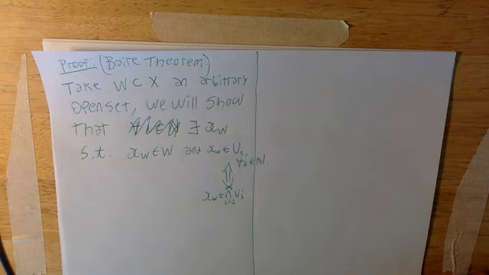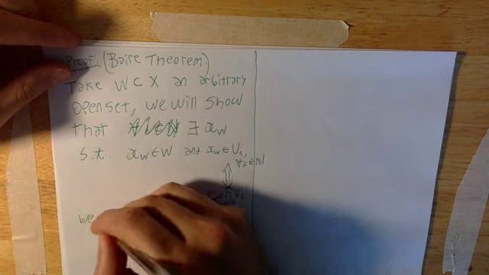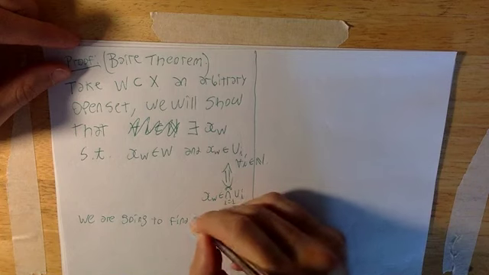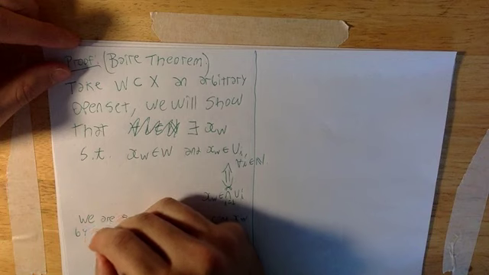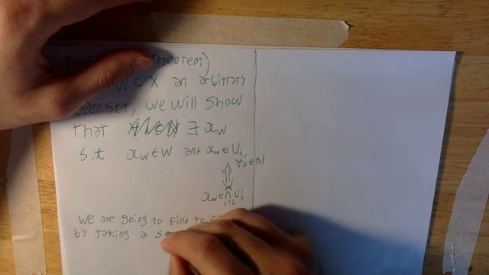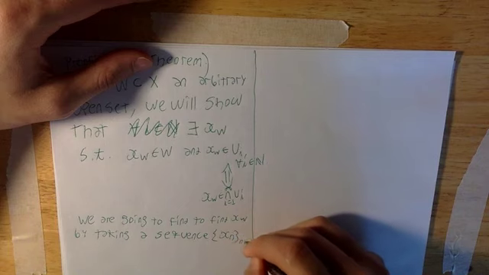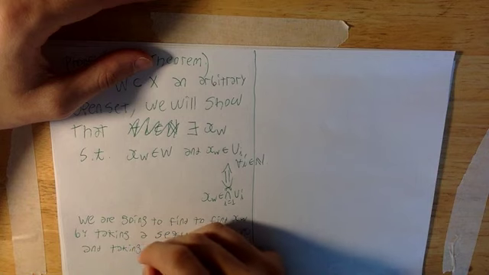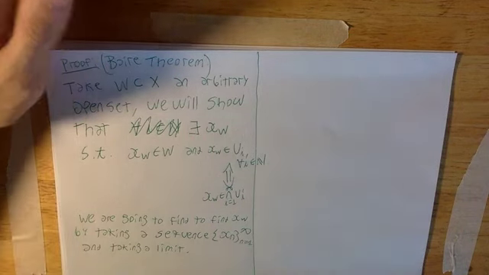All right, so how are we going to find XW? We are going to find XW by taking a progressive sequence, by taking a sequence xn, n equals 1 up to infinity, and taking a limit.